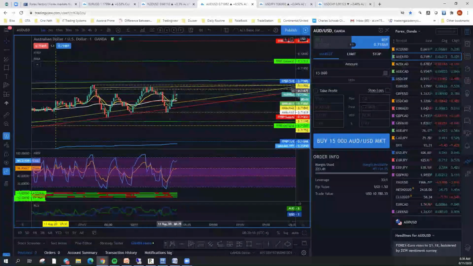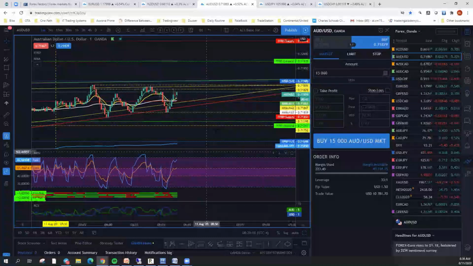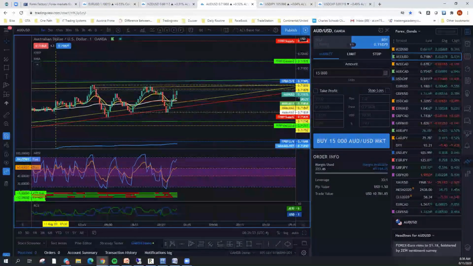Usually the more it goes sideways like this and it breaks, the stronger the move to the upside or downside is going to be. And it's about time for it to break through the bottom, or break up through this thing.